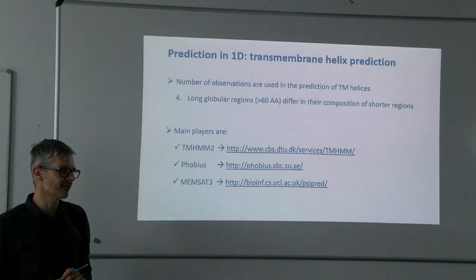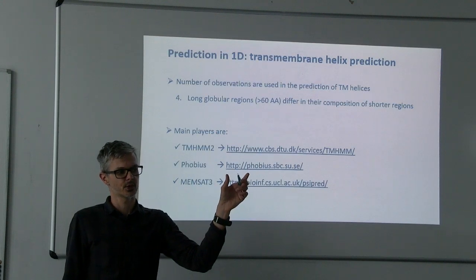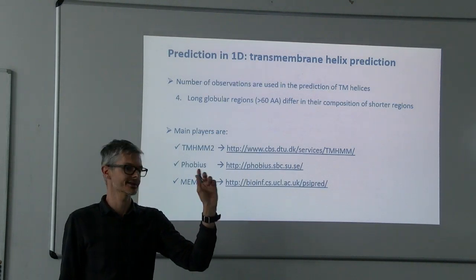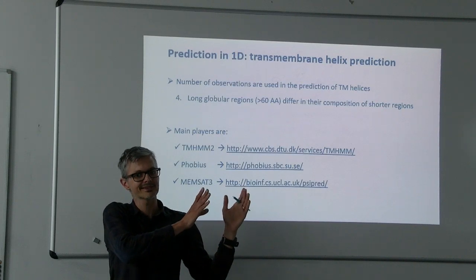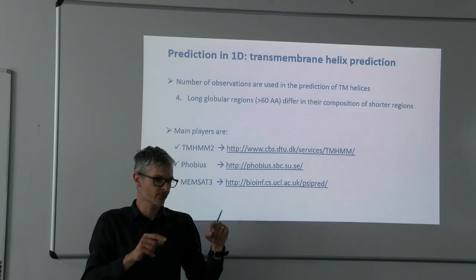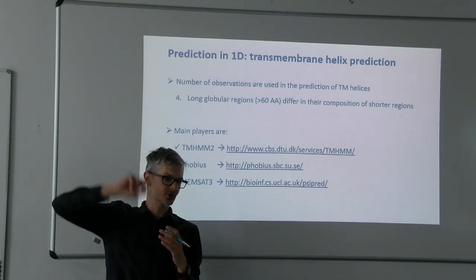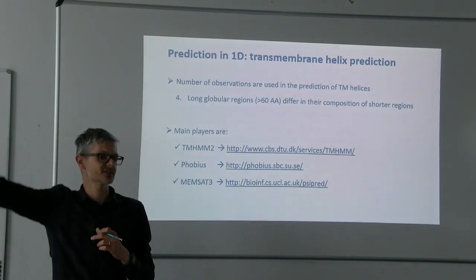One thing that is often difficult is if the helix is at the beginning of the sequence. Why is this? Because if it is in, let's say, the first 30-40 amino acids, it might be a signal sequence, so that your protein is actually just being secreted. So it needs to go through the membrane to the outside, extracellular.